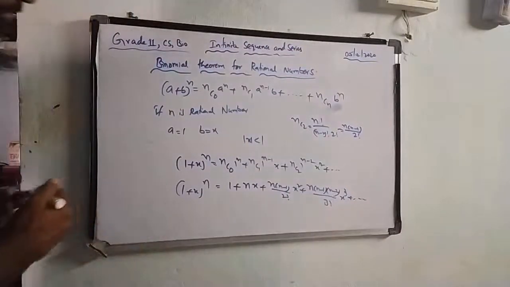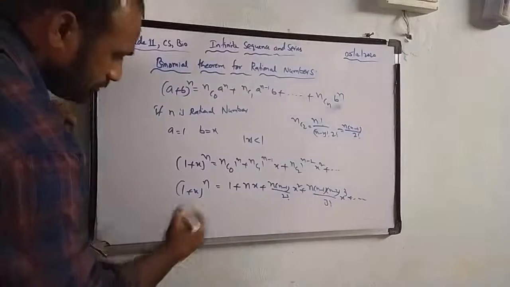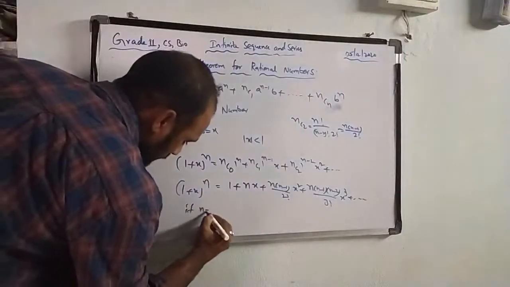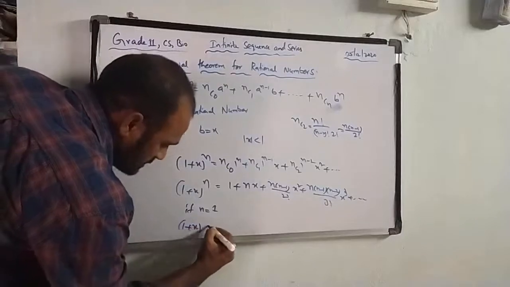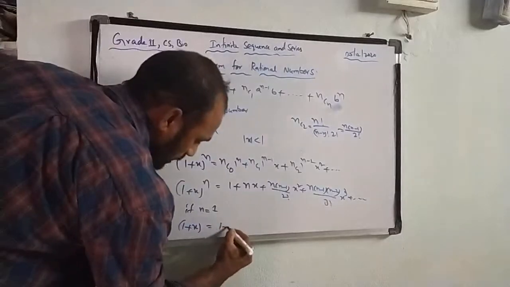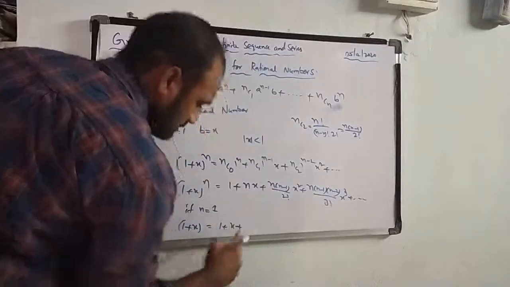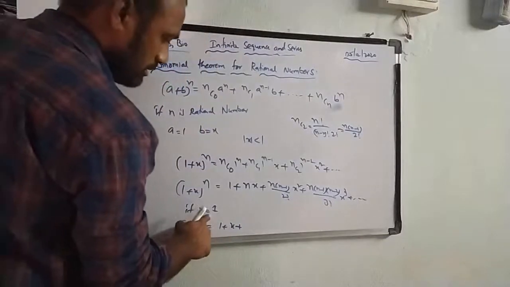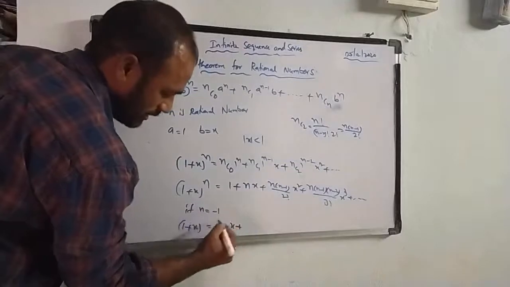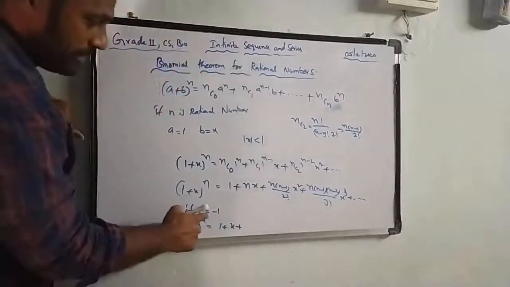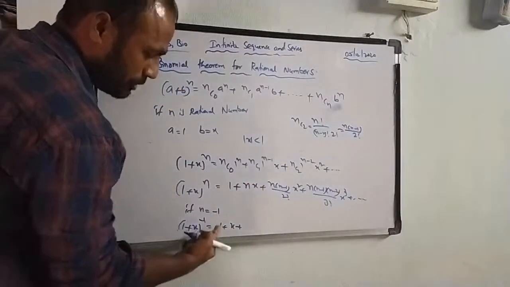And if I take n value as 1, then the equation will be 1 plus x equals 1 plus x plus 1 minus 1, 0. Okay, I cannot take n equals 1, I can take n equals minus 1. If I take n equals 1, 1 minus 1 is 0, we are not going to get the series.